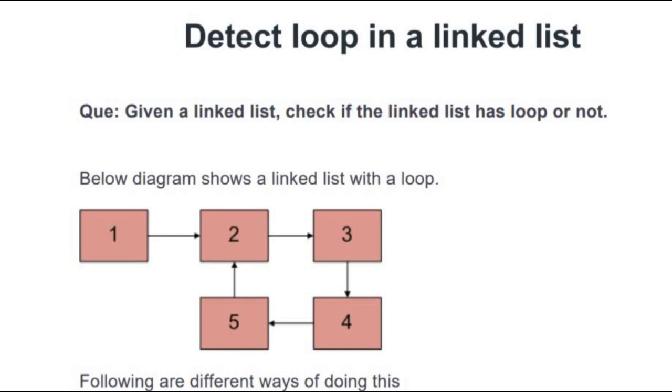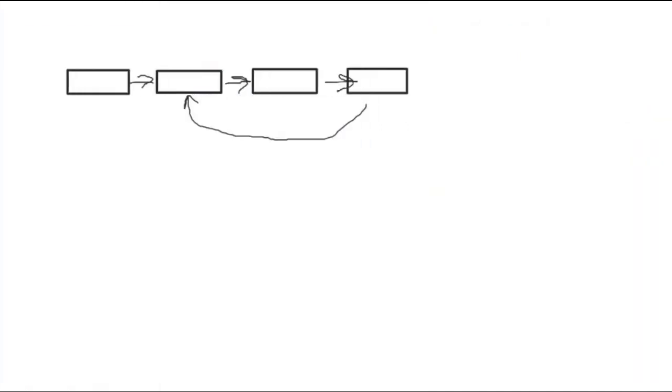So let's start this video with approach number one. Suppose this is our linked list. Now the first approach which came to my mind is that we just store the address of each node as we iterate through it.